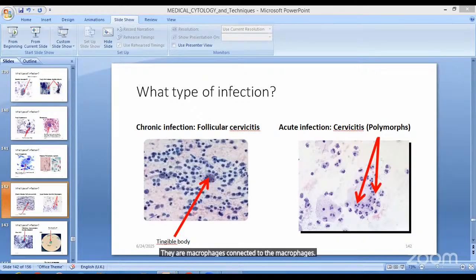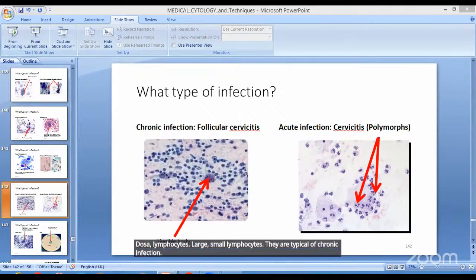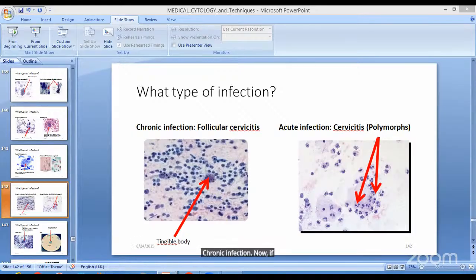And all around that smear, what you are seeing, those small and big round oval cells, those are lymphocytes, large, small lymphocytes. They are typical of chronic infection. Now, if alternatively it is the polymorphs that dominate the picture, as you are seeing in the other picture, those are just simple acute infection, cervicitis.